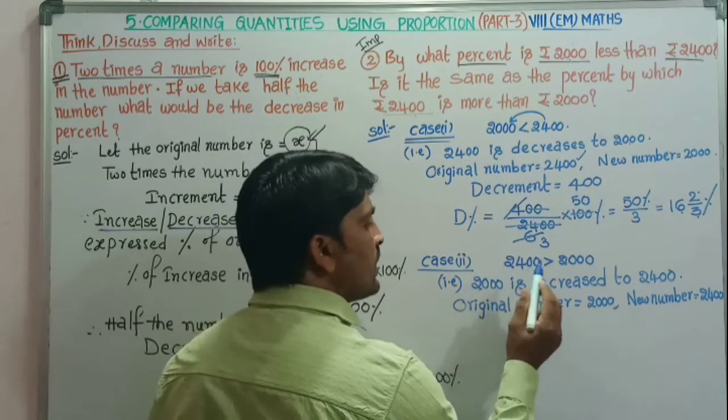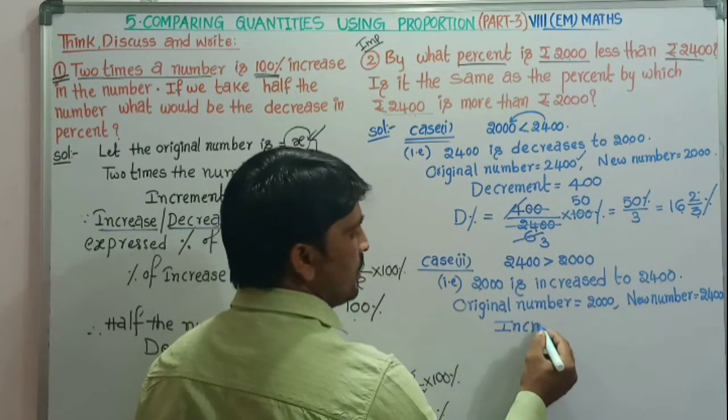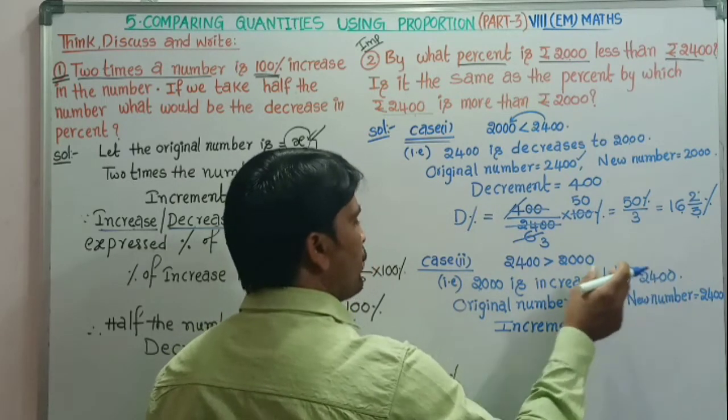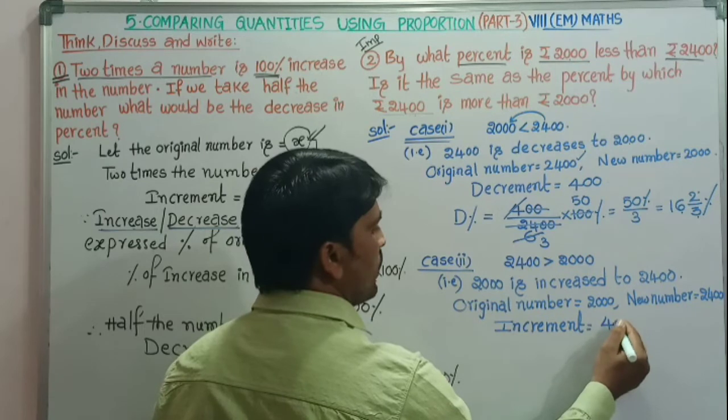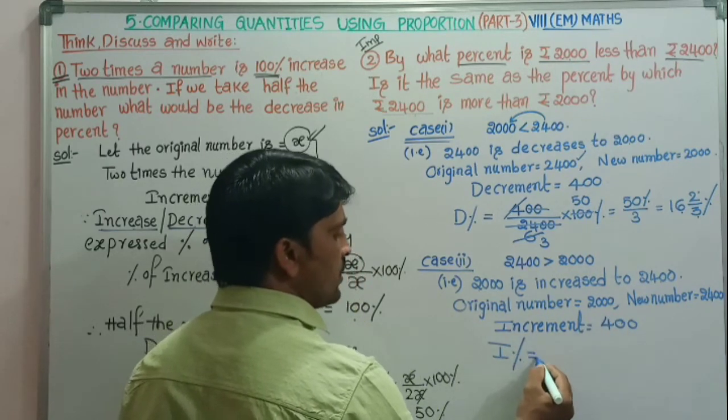Since 2000 is increased to 2400, there is an increment. That increment is equal to the difference of 2400 and 2000, that is 400. So, increase or increment percent.